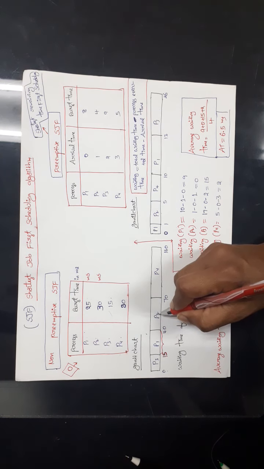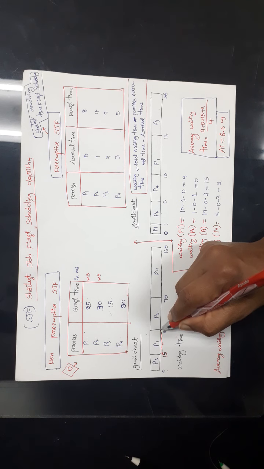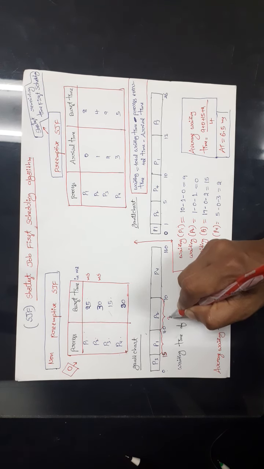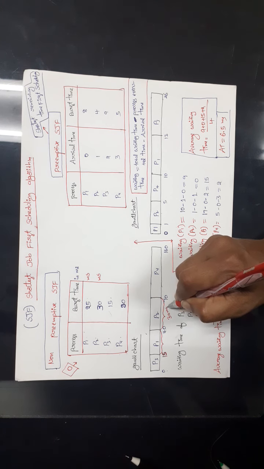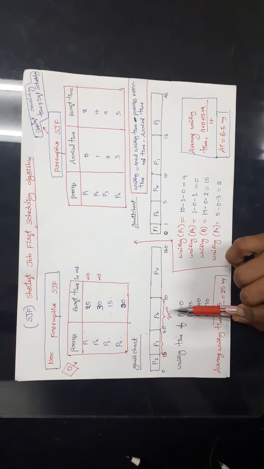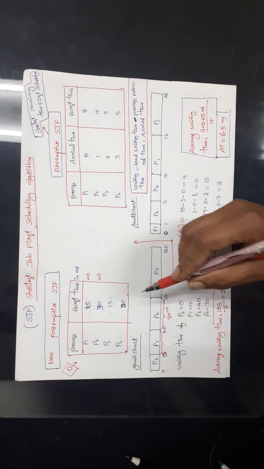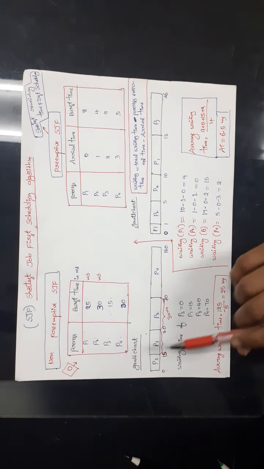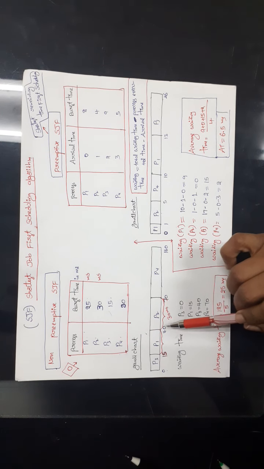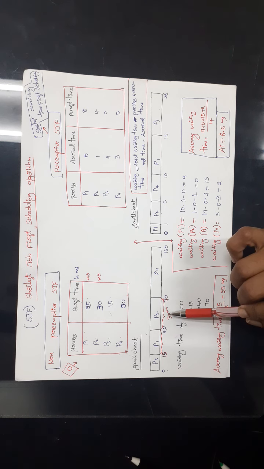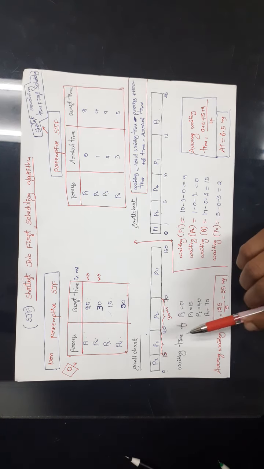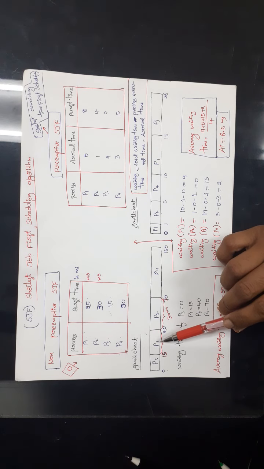Then P2 has taken the CPU at this time, and it has executed for 30 milliseconds, finished its work and released the CPU at this time. So the Gantt chart represents at what time which process should get the CPU, how much time it should be executed, and at what time it should release the CPU. This information is available in the Gantt chart.